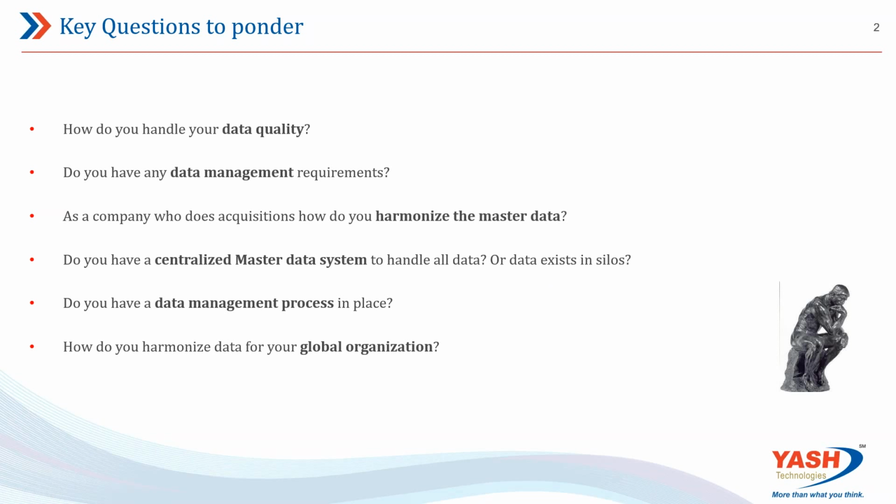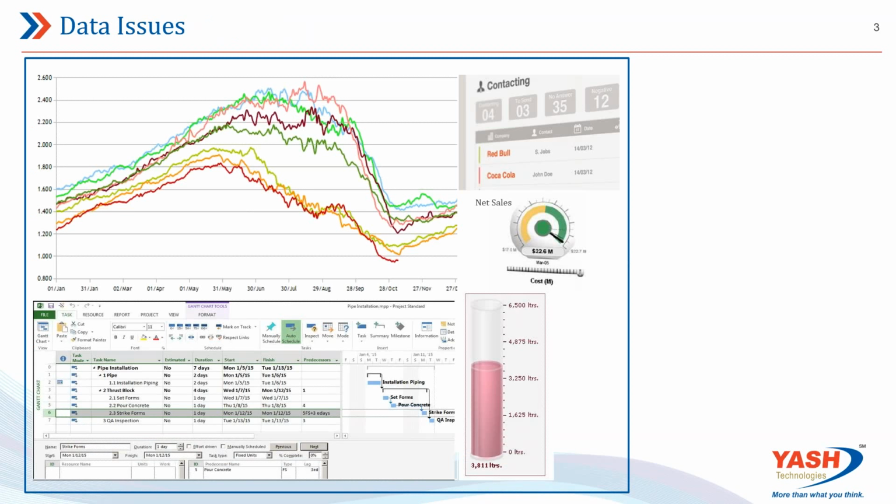As a global organization, how do you bring data together so that you have one global reporting environment? If you have thought about all these questions or something rings a bell, then DataOne might be a solution that you want to consider to improve your journey with data management and data quality.